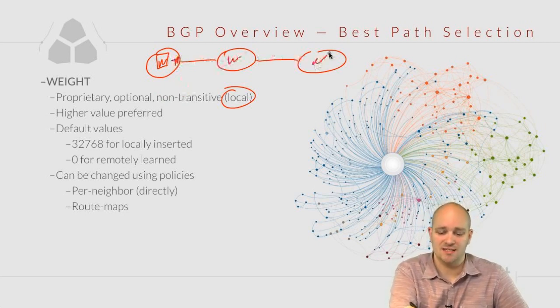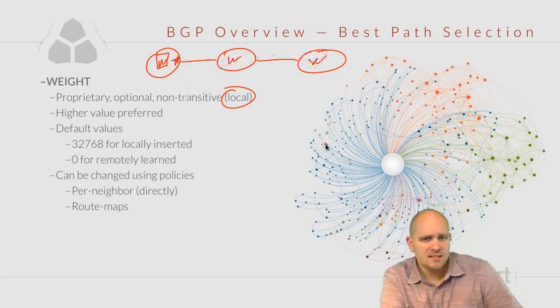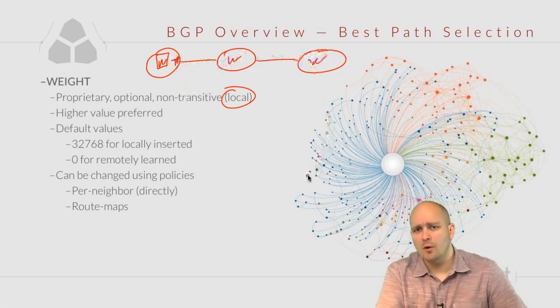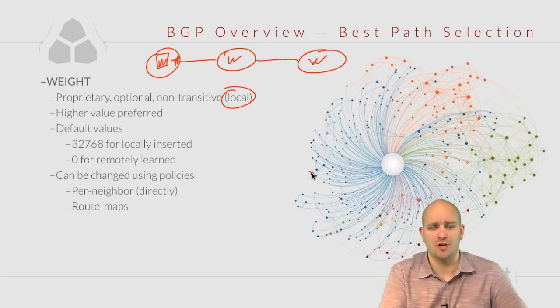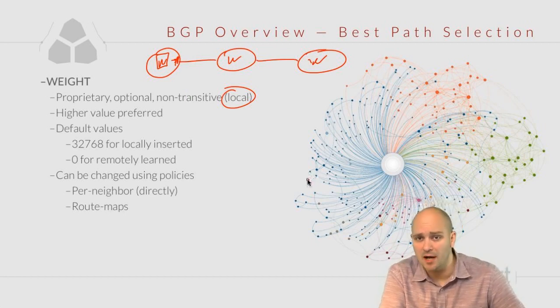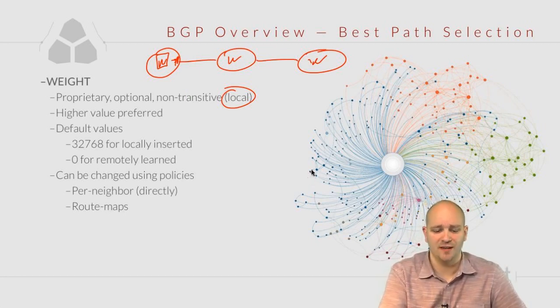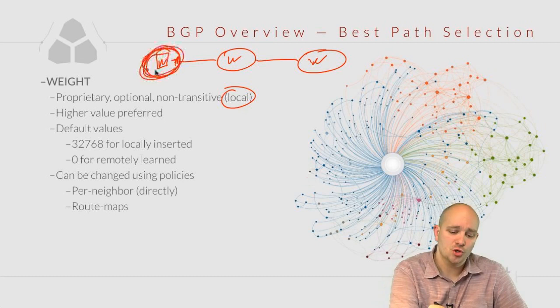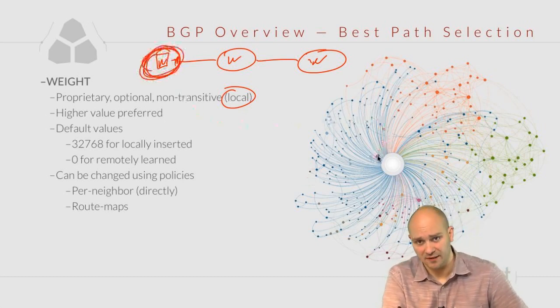Same goes here and same goes here. It's simply a means to make sure that a certain route is more preferred than some other route for the same prefix on a local router. So it has a local significance.